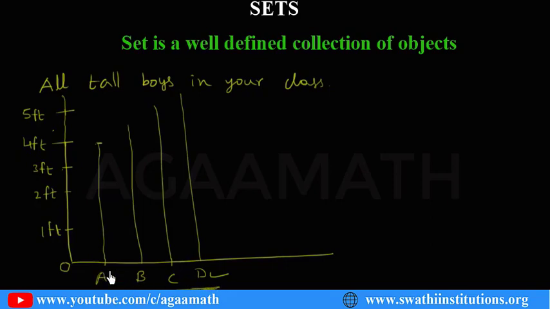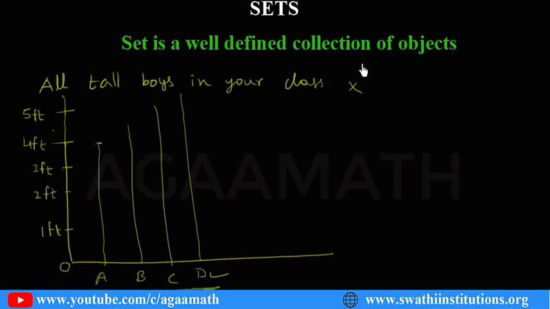According to another person, if he is comparing with only A, he may say that B, C, D are the tallest boys. So here all tall boys in your class varies from one person to another person. So we cannot say that this is a set.